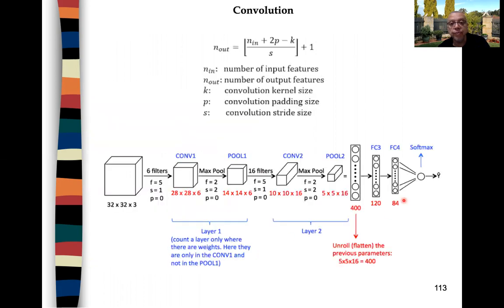So before we look at the applications, let's look first at some of the classic, if you want, convolutional neural networks, which constitute a backbone for a number of applications.